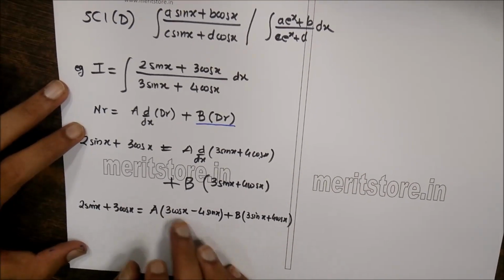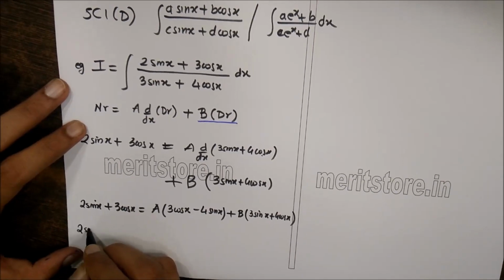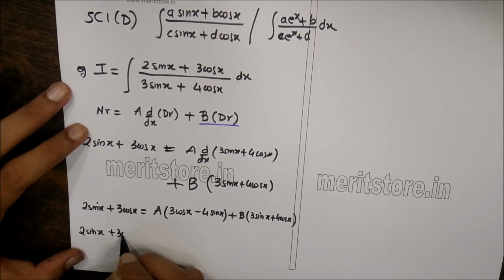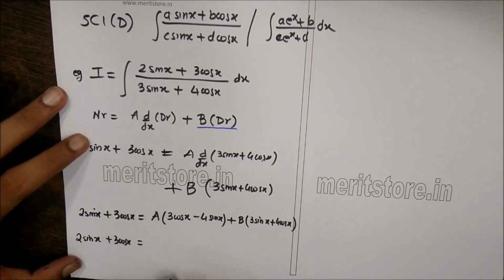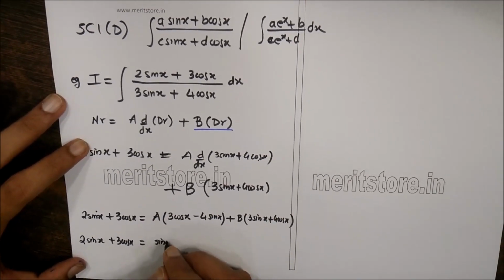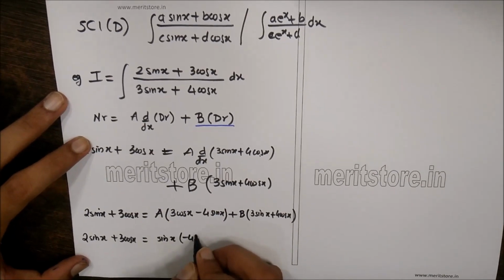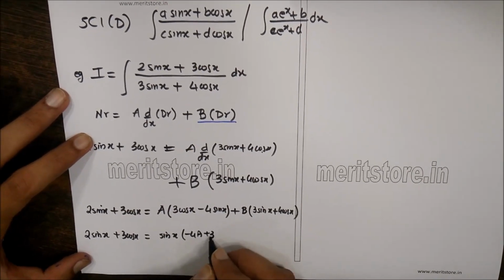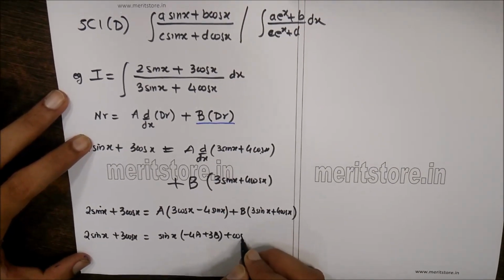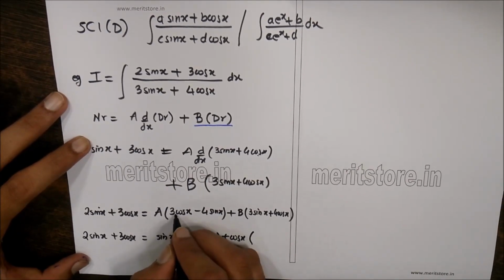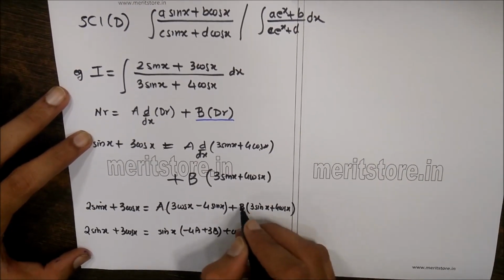Now clubbing the sin x terms and the cos x terms together, 2 sin x plus 3 cos x equals sin x inside the bracket, clubbing the terms, minus 4a plus 3b, plus cos x of 3a and 4b.